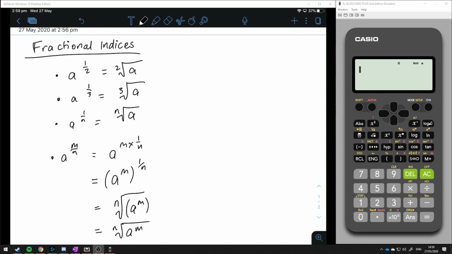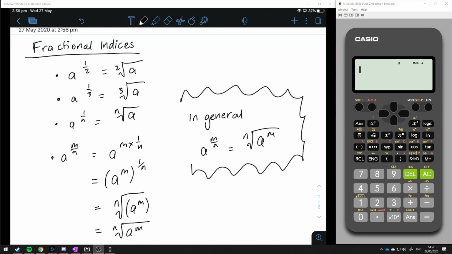In general, a to the m over n is equal to the nth root of the mth power of a. This is our general form, and we can go back and forth between them. In the examples coming up, we're just going to practice going back and forth between each of the forms.